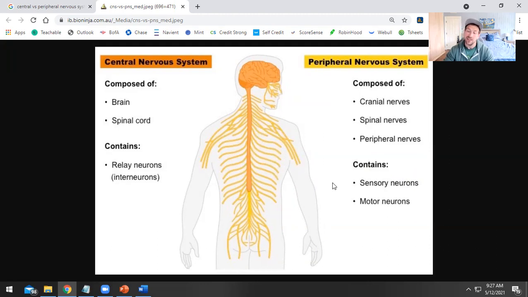But all of these peripheral nerves are going to branch out. So let's say you touch something really hot with your hand, right? Information is going to travel up to the spinal cord, and then it's going to go up to the brain and say, hey, this thing that we're touching, like this cup of tea or this cup of coffee, is actually pretty hot. We can probably hold this for the next 10 seconds, but we should probably put it down after that.